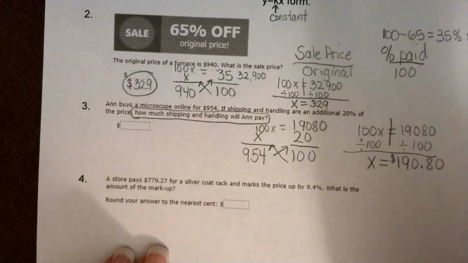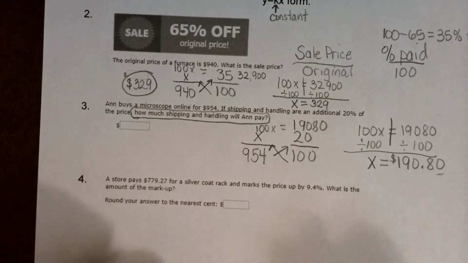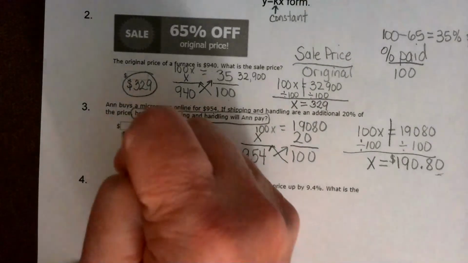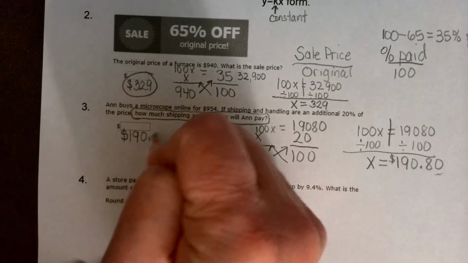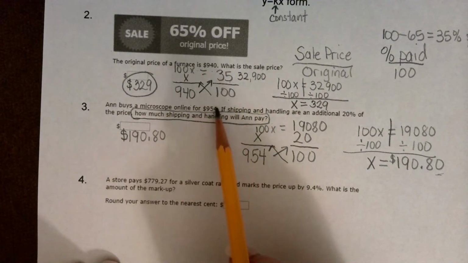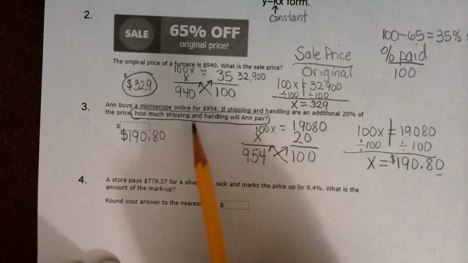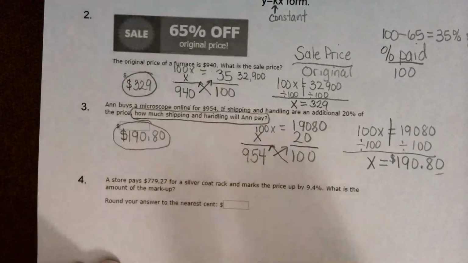And if you did that on the calculator, make sure that you add that 0 because money is 2 places after the decimal. So she is going to be paying $190.80, and that's just the shipping and handling. So she's not paying for the microscope and the shipping and handling. They just wanted to know how much for the shipping and handling.